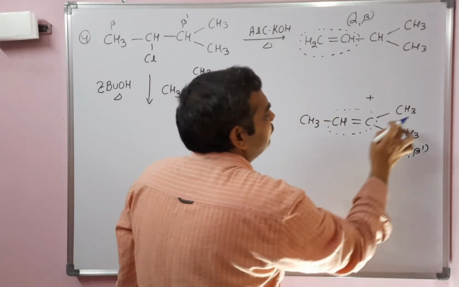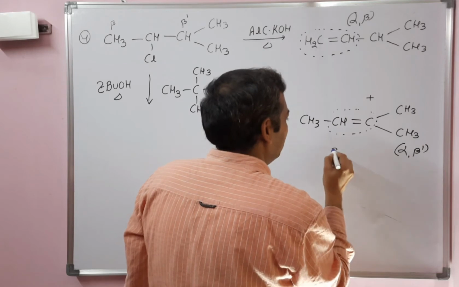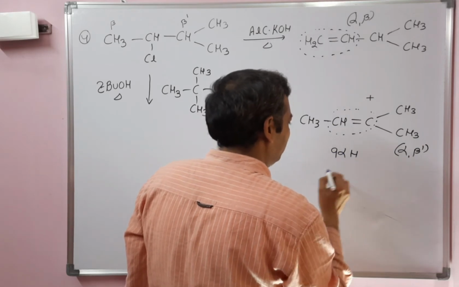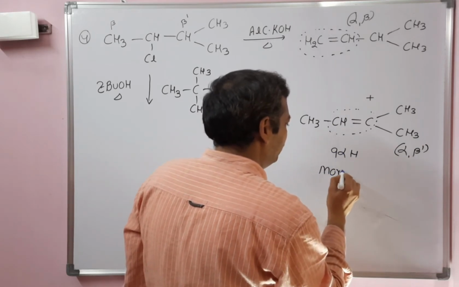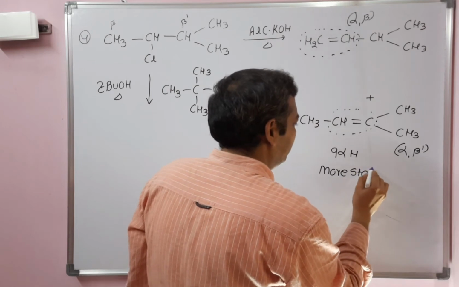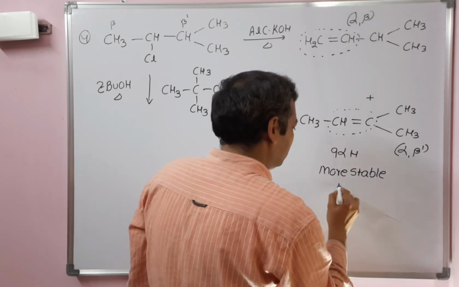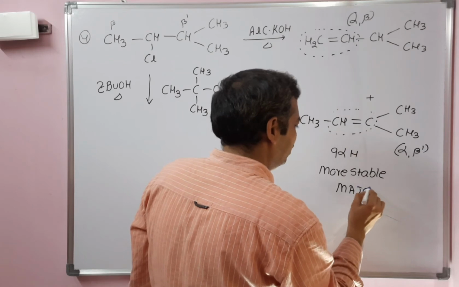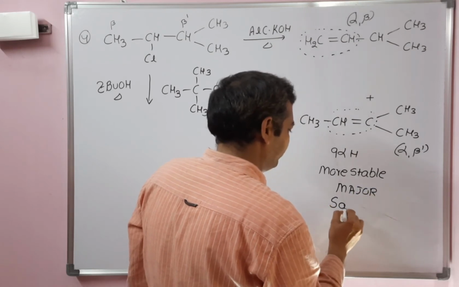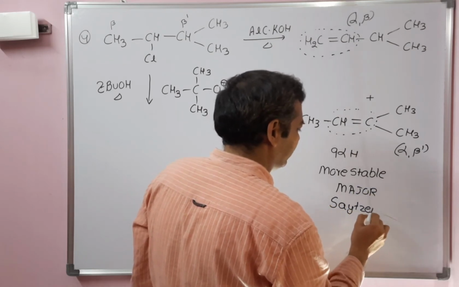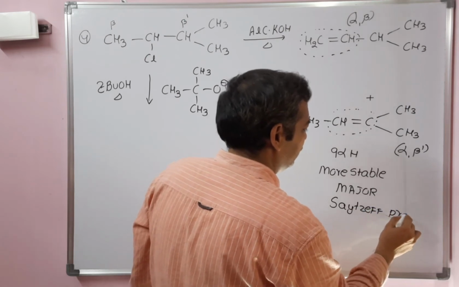Here, 3 plus 3, 9 alpha hydrogens are there. Definitely this is a more stable alkene. Since it is the more stable alkene, this is the major product. It is a Saytzeff product, no doubt.